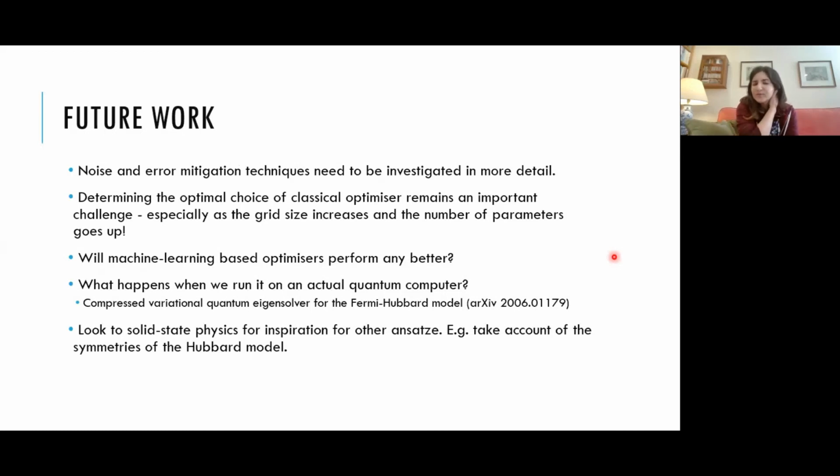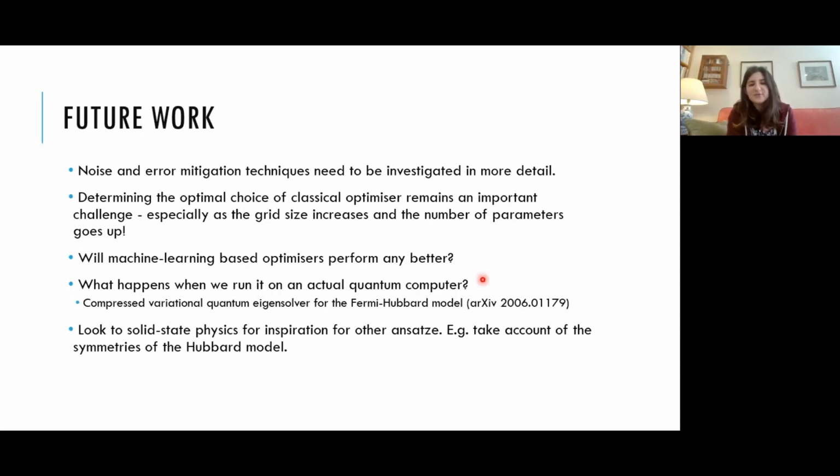Determining the optimal choice of classical optimizer remains an important challenge, especially as we get a bigger grid size and the number of parameters goes up. I think there's been a lot of work on seeing if machine learning based optimizers would perform any better than the more standard ones.